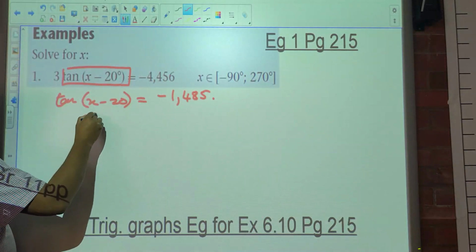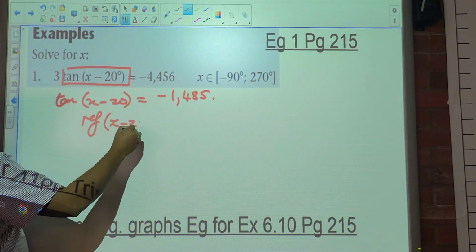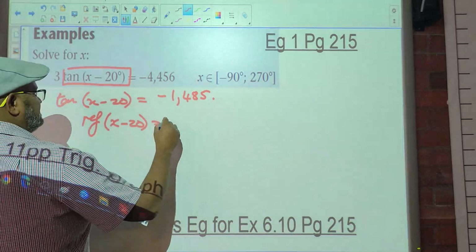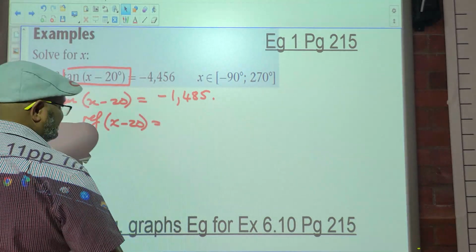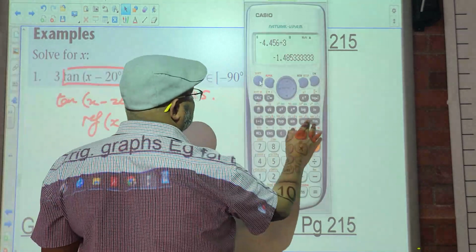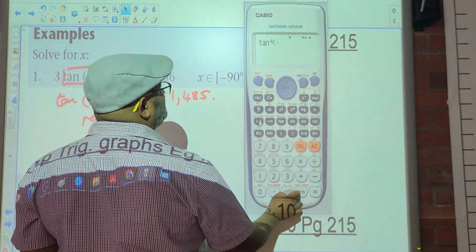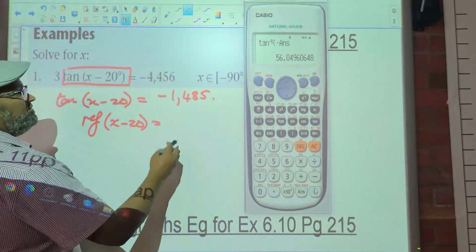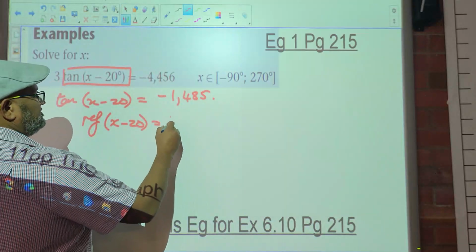So when I work out my reference angle, what do I do with the negative? I drop the negative. So the reference angle is arctan of the positive part of that, which gives you 56,05.